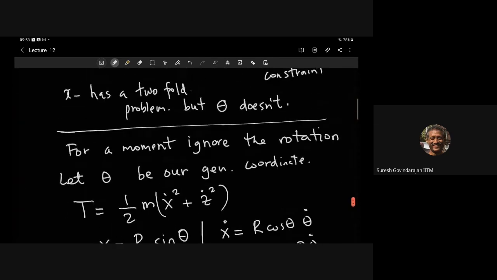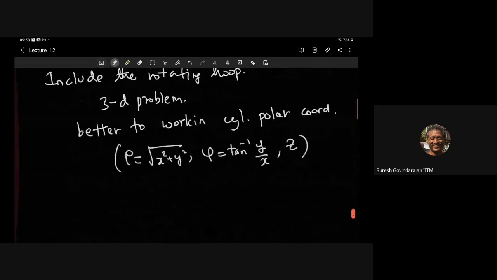We just replace x square by rho square, right? So that goes through. So we can just write out what T is now.